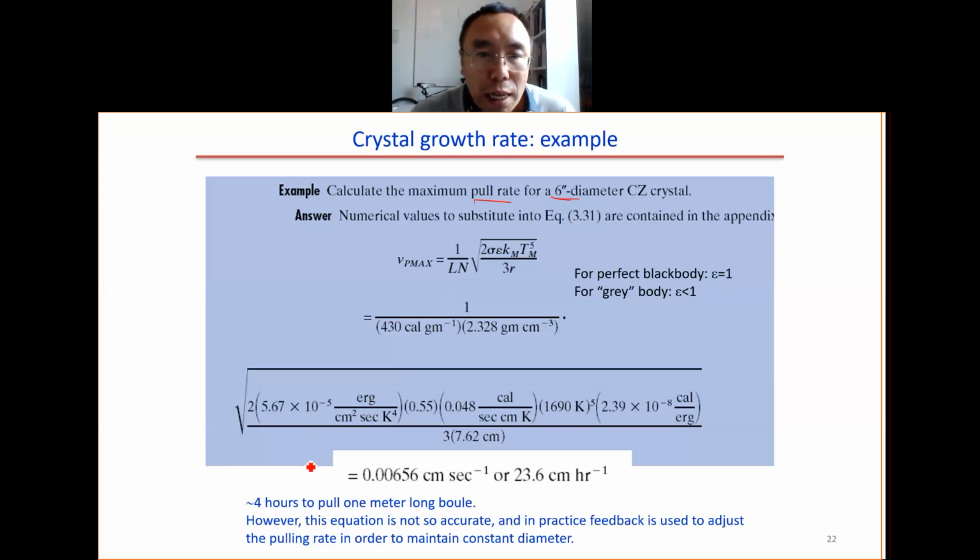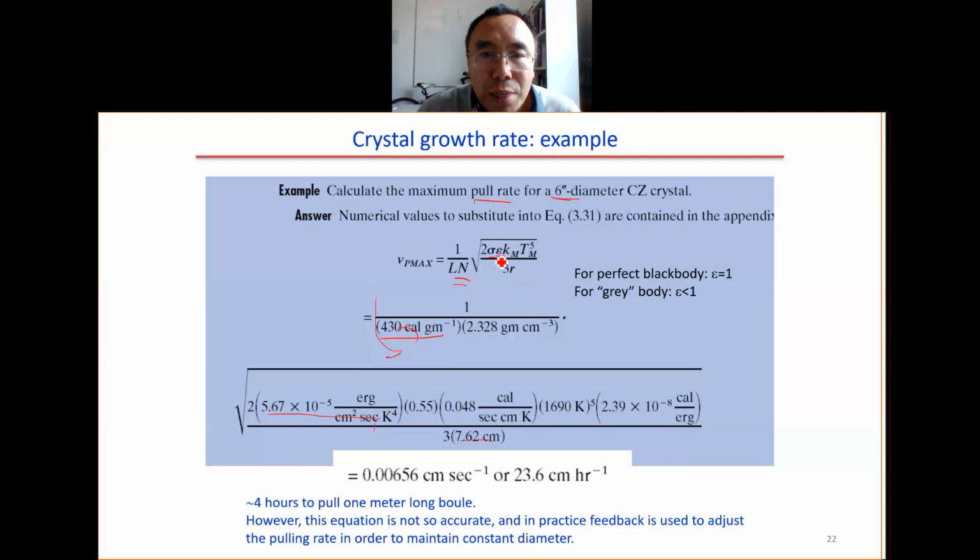So the latent heat is given back here. This is the latent heat, 430 calorie per gram. The density is 2.328 gram per cubic centimeter. Then 2 sigma, where sigma is the Boltzmann constant.